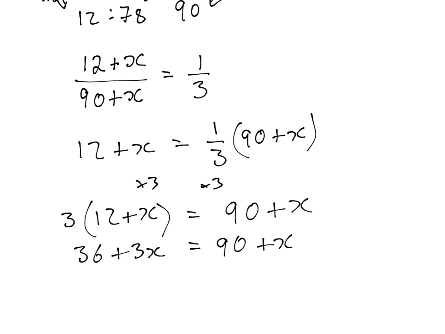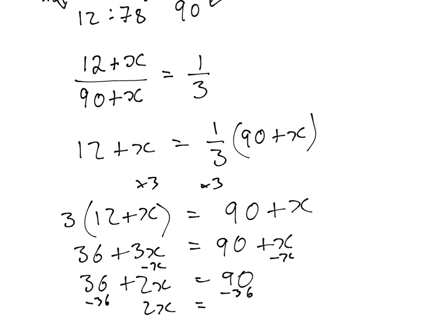Take x off both sides, I get 36 plus 2x equals 90, 2x equals 54, take away 36 from both sides, so x equals 27.